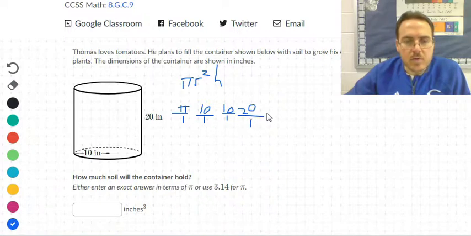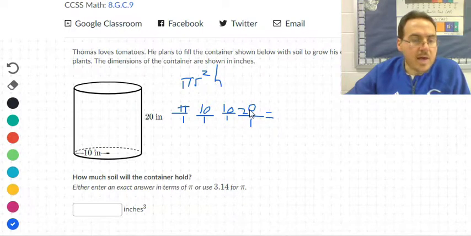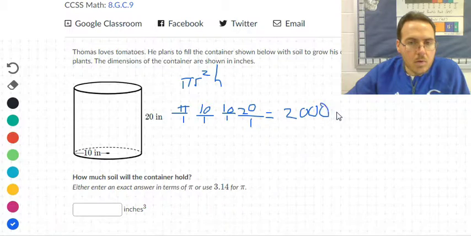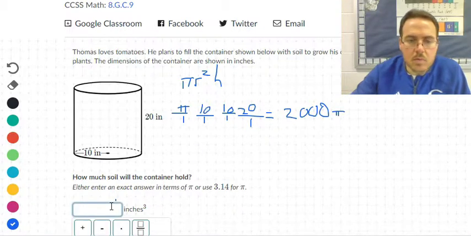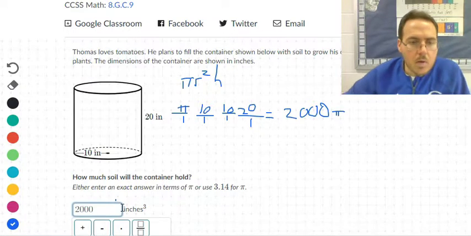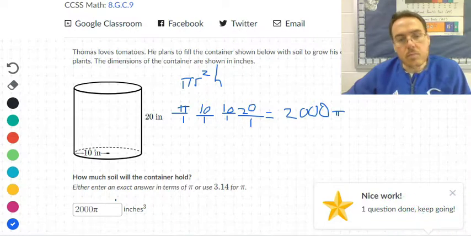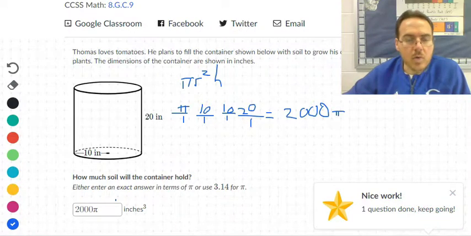It looks like I didn't have to do denominators. Anyway, so that'd be 10 times 10 times 20, so that'd be 100, that'd be 2,000 pi. Yeah, there's 3 zeros. Okay, that's how much soil it'll hold.